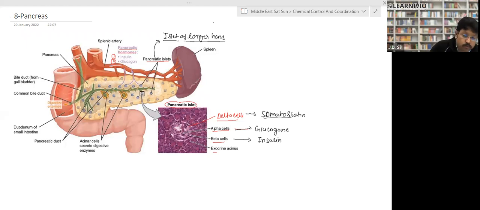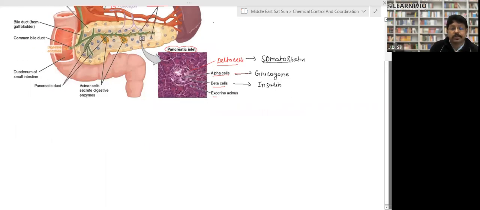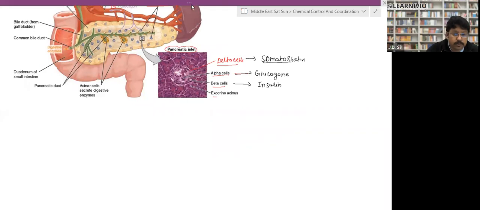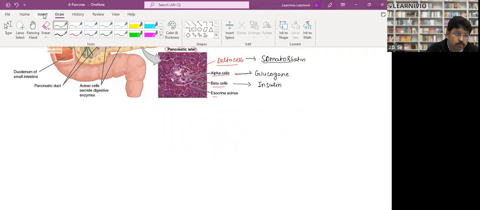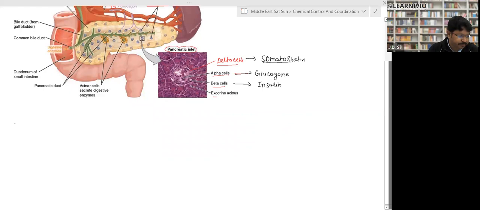Now the role of the hormones. You have noted down the cells. So now what are the roles of the hormones? First, glucagon. Insulin converts sugar into glycogen, meaning glucose into glycogen, and stores it in the liver. When the sugar of blood is consumed, the sugar level decreases in blood, and we feel hungry.